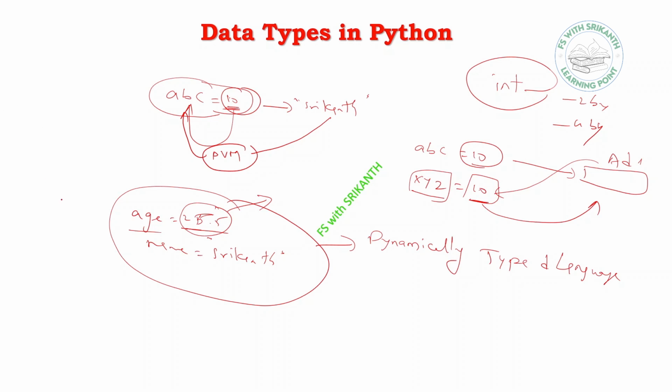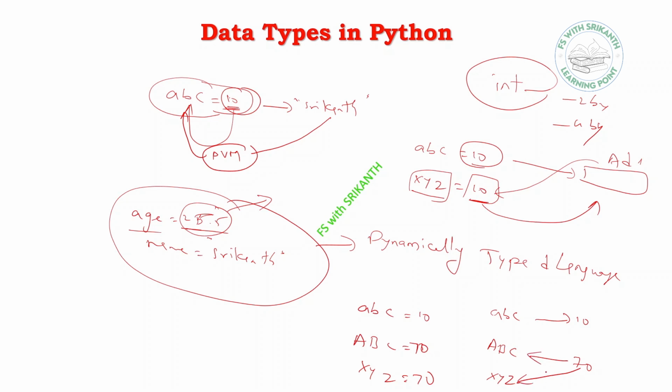Very clear. Suppose ABC equal to 10 and then ABC equal to 70, then the memory mapping will be different. Suppose you declared XYZ equal to 70, this XYZ has the same reference.